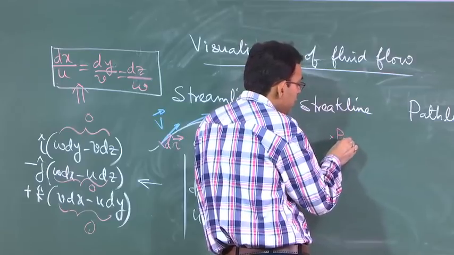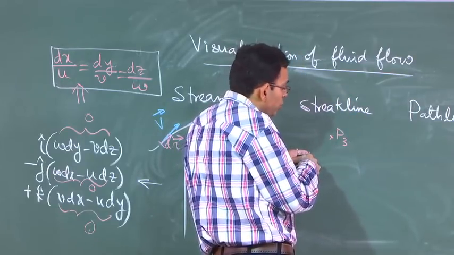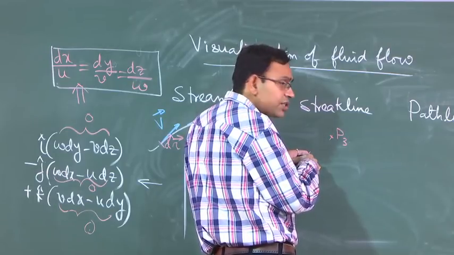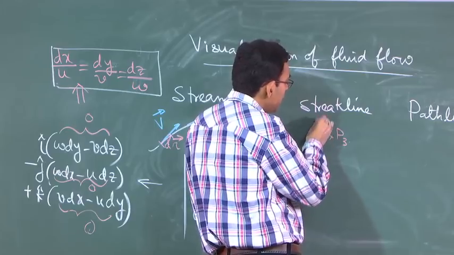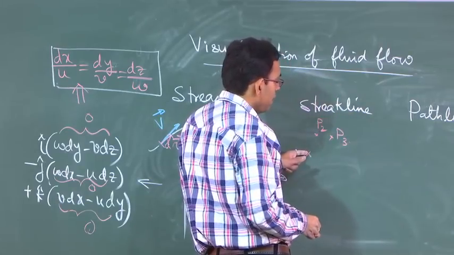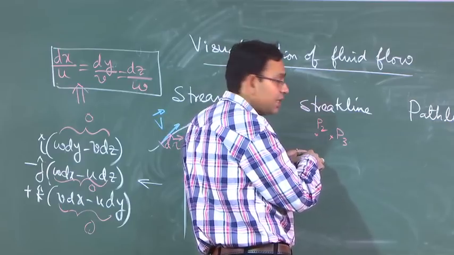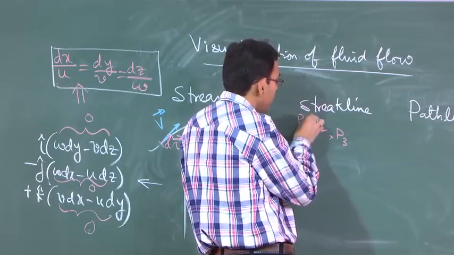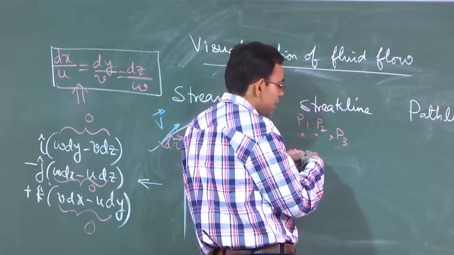I call it P3. A dye particle which passed through this point 2 time units before is now at P2. A dye particle which passed through this 1 unit of time before is now at P1, and the dye particle currently being injected is here.